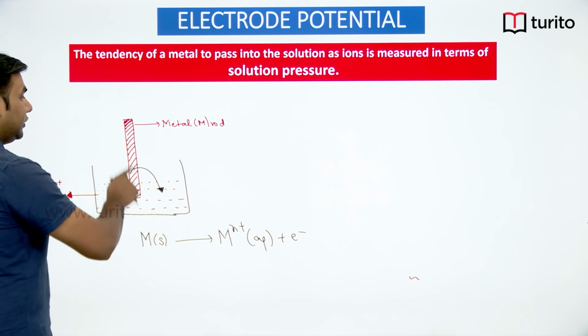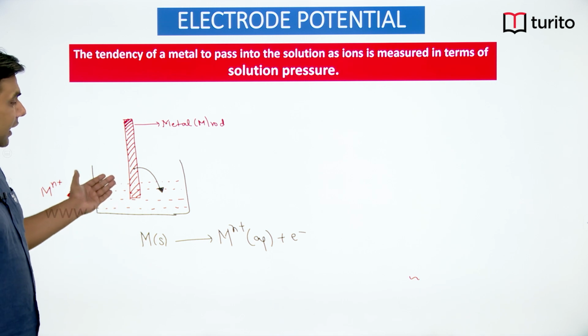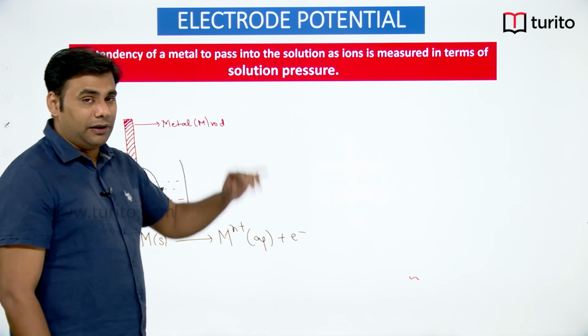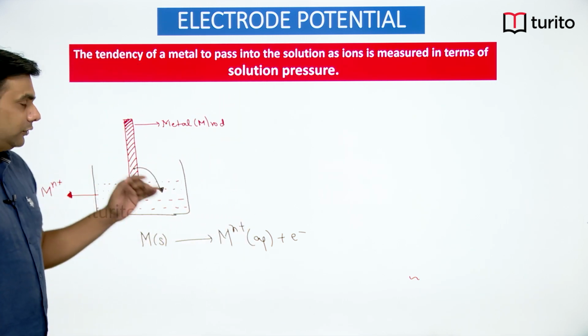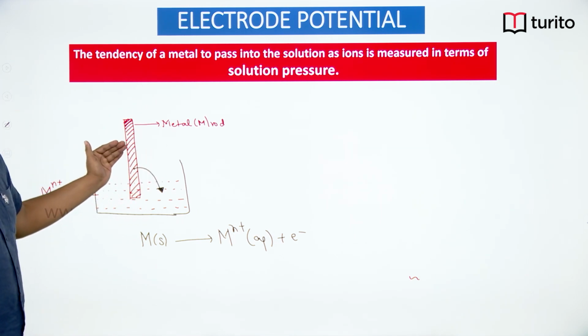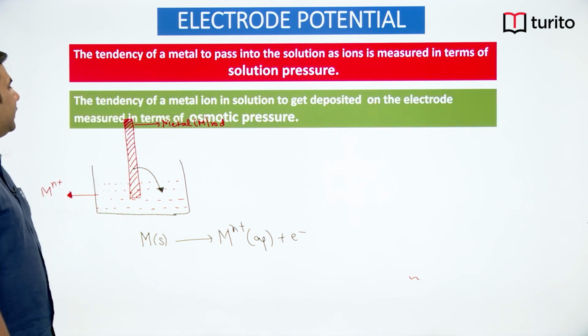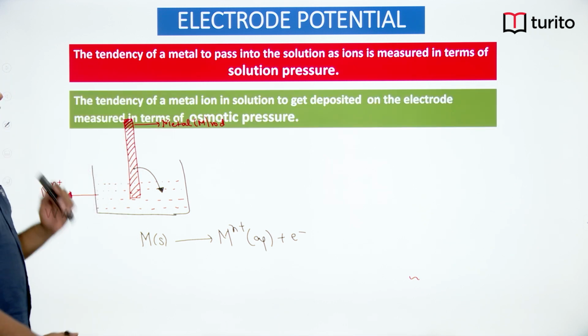This tendency of the metal to get oxidized into metal ion and pass into the solution is measured by solution pressure. The second important parameter is osmotic pressure.